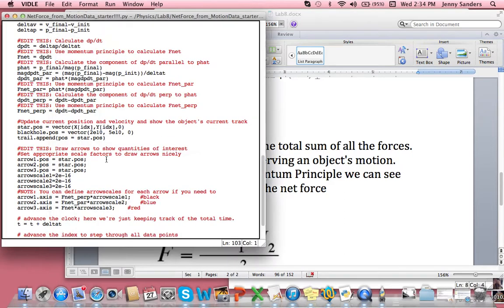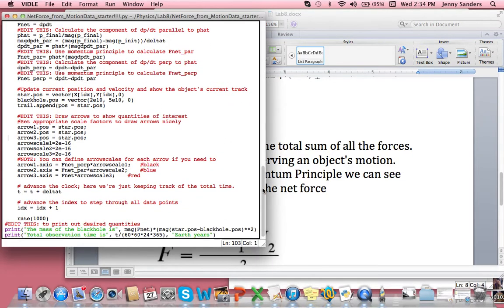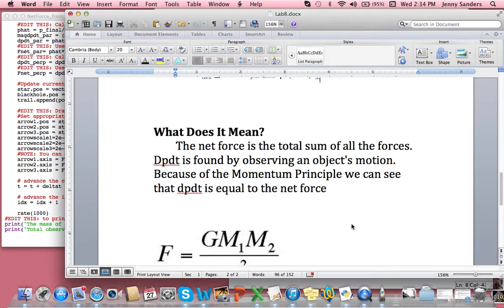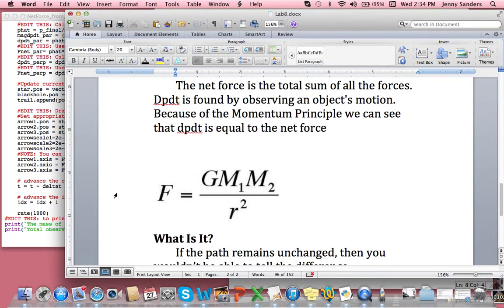At the end of my code, we were trying to find the mass of the black hole. We knew the position of the star, the position of the black hole, the magnitude of the force, and the gravitational constant. Oh, and also the mass of the star. So we're going to use the gravitational force equation right here. We know those things, and we're trying to find the mass of the black hole.